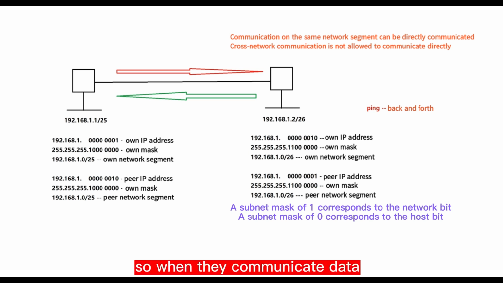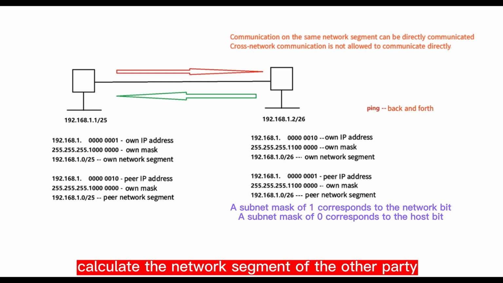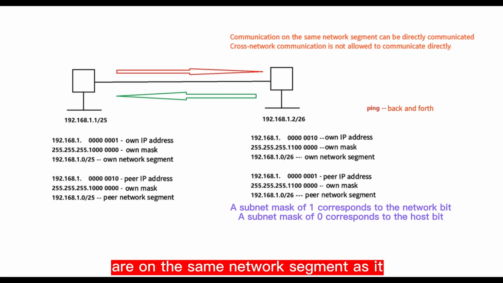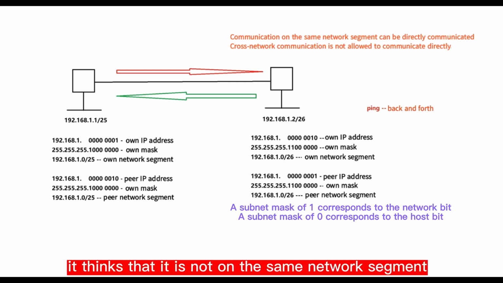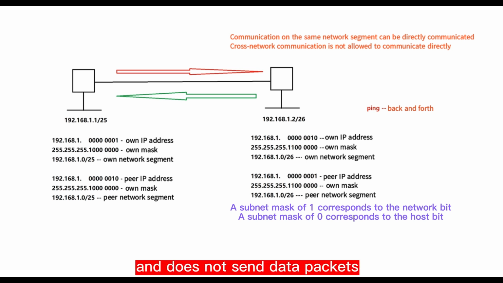So when they communicate data, what it sees is its own mask plus the other party's IP, to calculate the network segment of the other party. If the PC thinks that other PCs are on the same network segment as it, it sends packets to other PCs, or reply packets. If it thinks they are not on the same network segment, it does not send data packets.